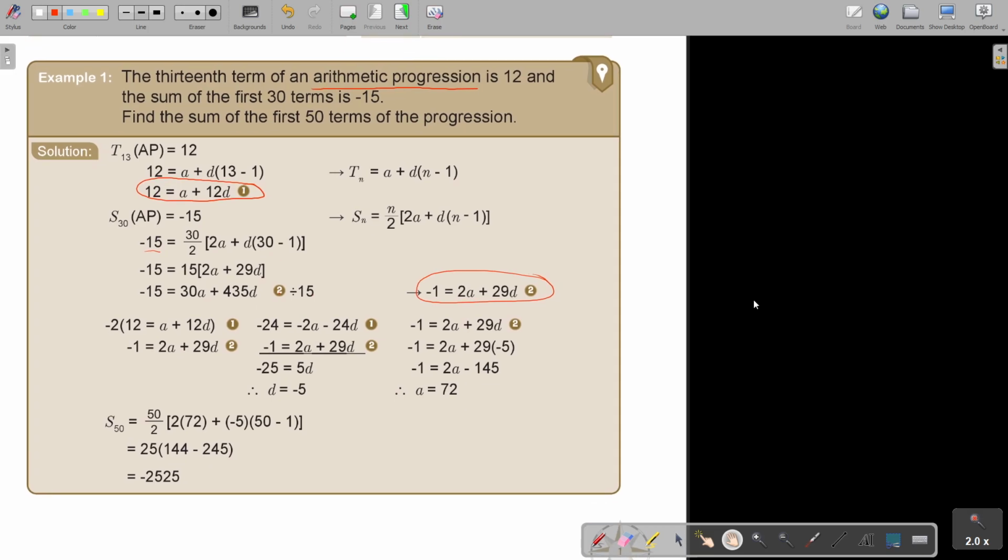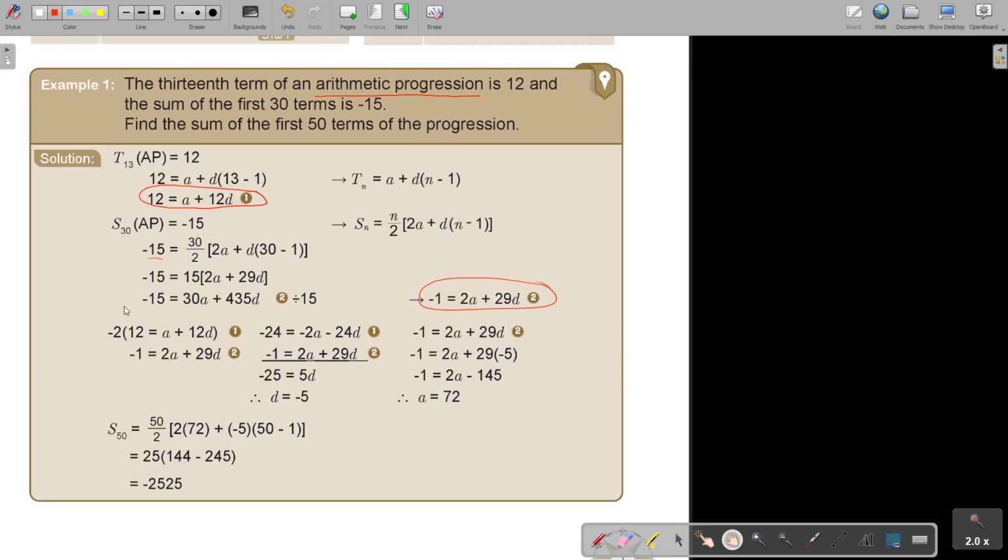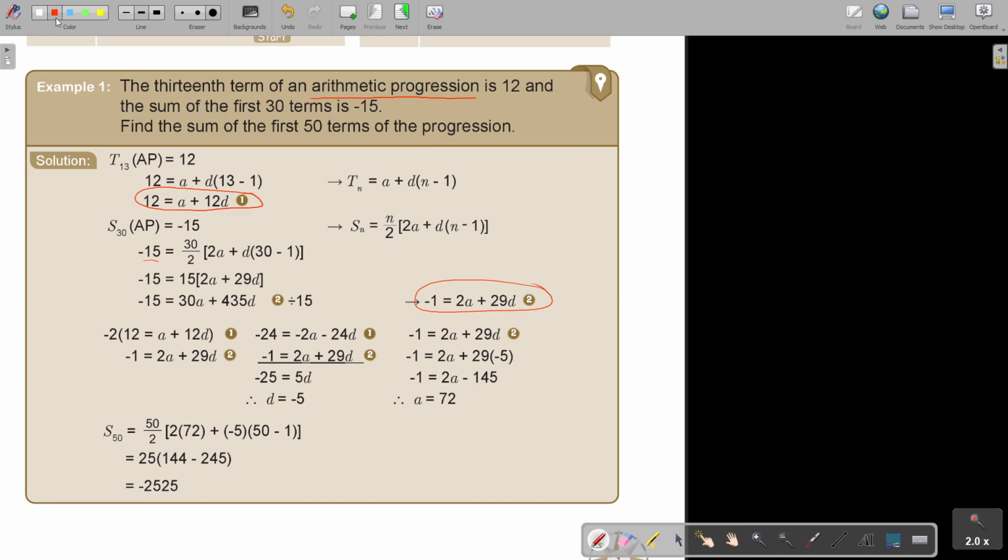Then I'm going to solve it simultaneously. I could have said here: solve equation 1 and 2 simultaneously.